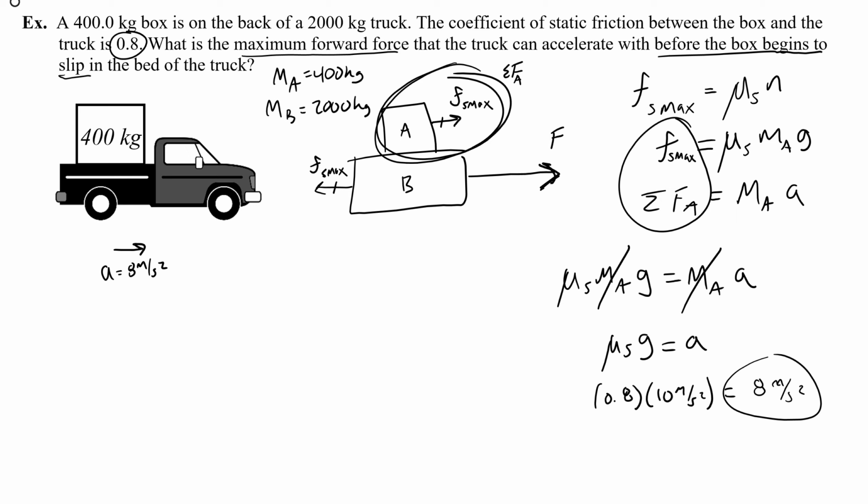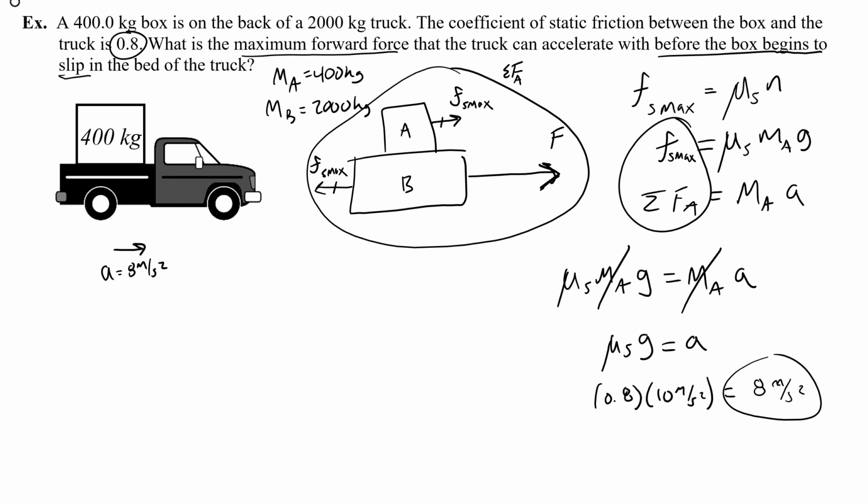Okay, so now let's stop thinking about the box individually, and let's not even think about box B. Instead, let's think about both objects and pretend like we're looking at one object being accelerated by that applied force.